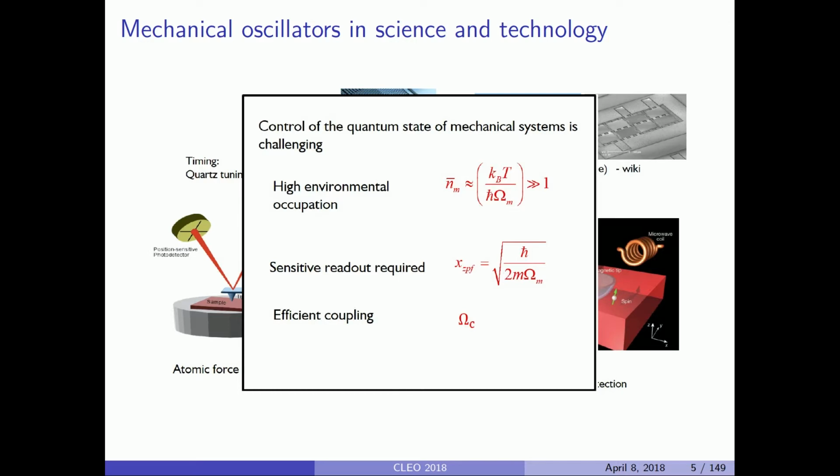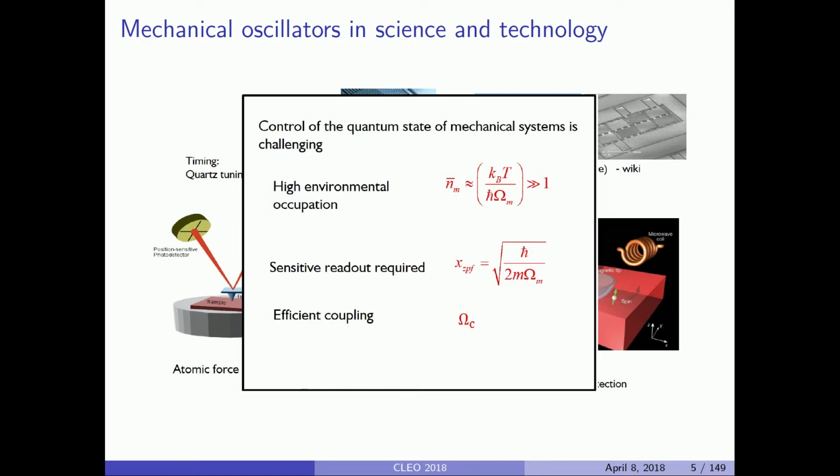If you take this half quantum of energy in the quantum ground state, you can convert that into an equivalent displacement fluctuation. Say for a nanomechanical beam with a mass of typically nanograms, the zero-point fluctuation would be on a scale of 10 to the minus 16 meters.